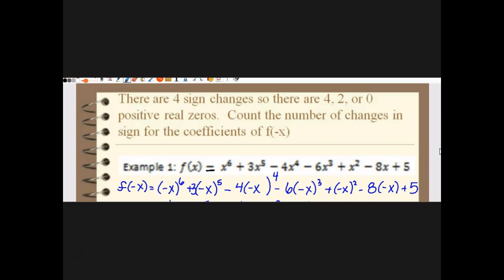A negative variable to an odd power will maintain its negative, so then the sign of the coefficient will matter. Like in this case here, the negative x cubed will stay negative, but a negative 6 times a negative x cubed will become positive.